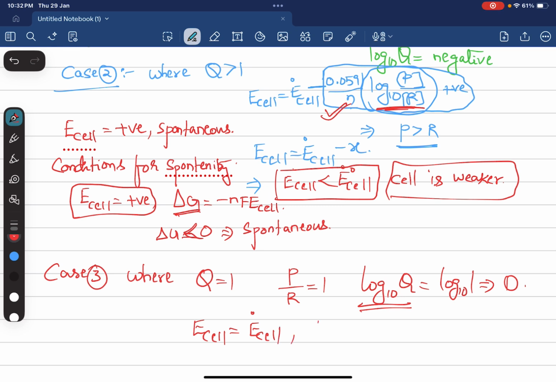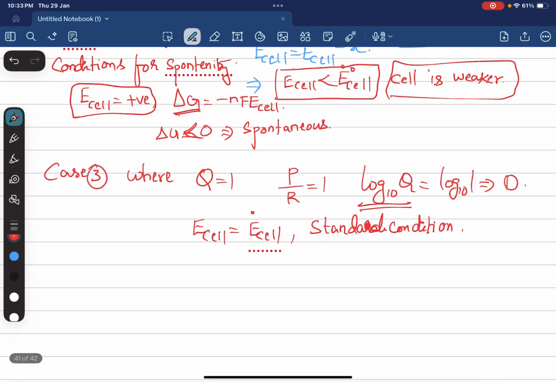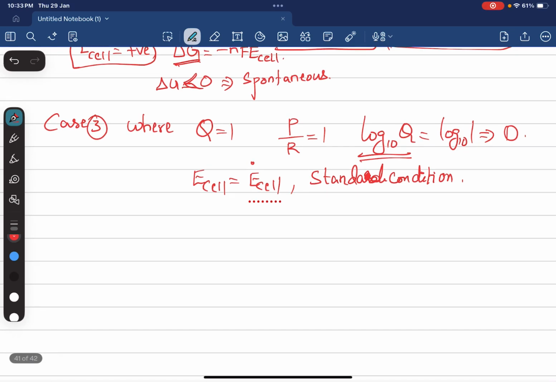This is called the standard condition, meaning the reaction is happening at standard conditions. E naught cell is for standard conditions, where the concentration is 1 M, pressure is 1 bar or 1 atm, and temperature is 298 kelvin. These are the three cases. Based on these three cases we can understand how the concentration of the reaction impacts the spontaneity or E cell.